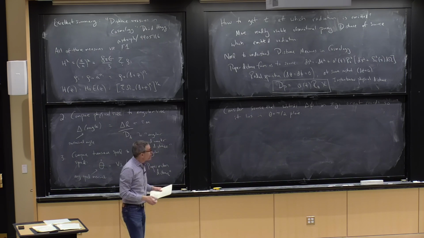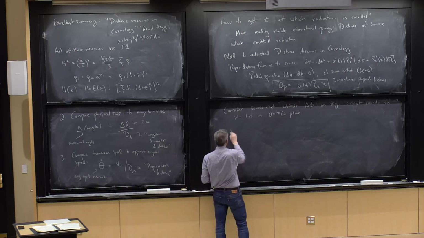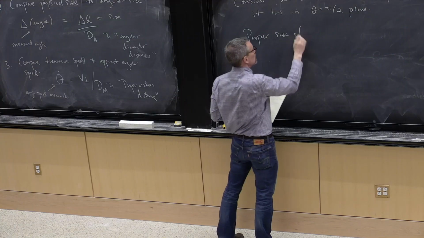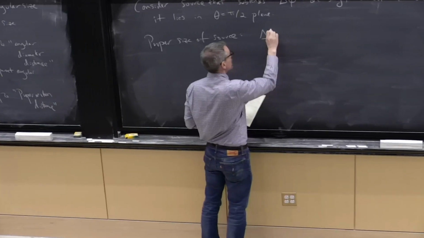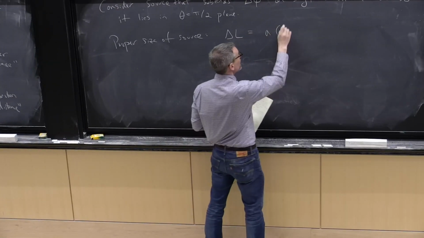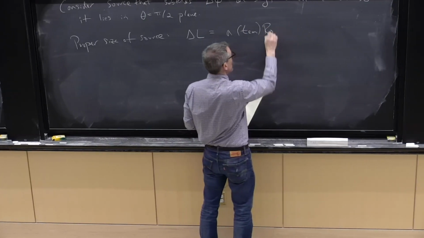Okay. The proper size of that source. Okay, so this thing is just sitting in the sky there. The proper size of the source, you can get from the line element. The delta L of the source will be the scale factor at the time at which it is emitted, R0.